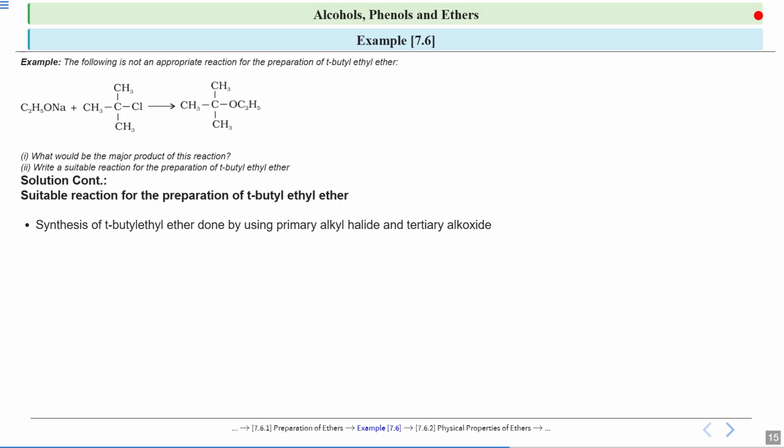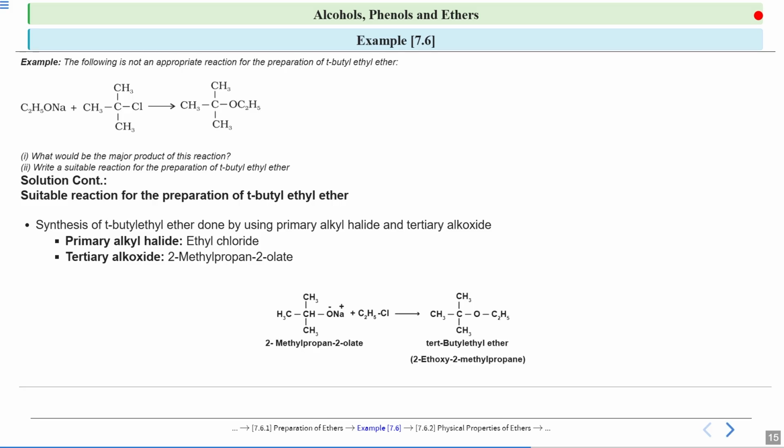So the alkyl halide should be primary and the alkoxide should be a tertiary alkoxide. So you have to take a primary alkyl halide, that is ethyl chloride, which is a primary alkyl halide. And the tertiary alkoxide which we are taking is 2-methylpropane-2-olate.